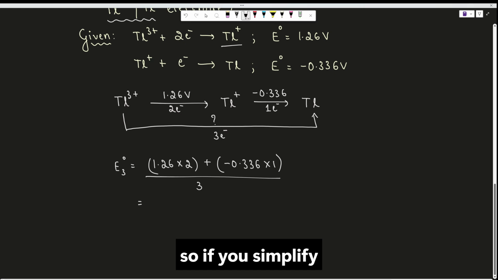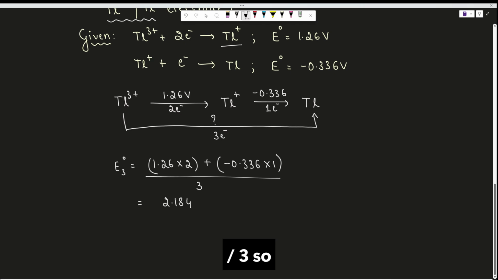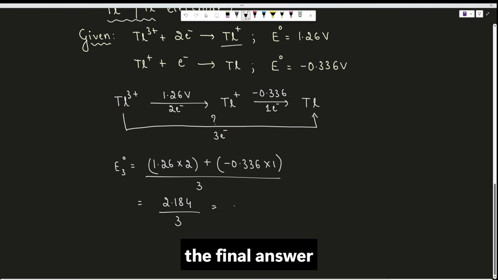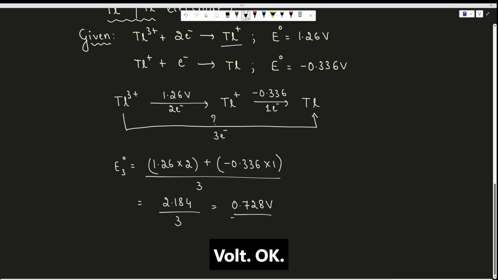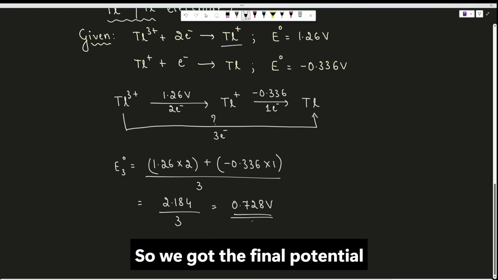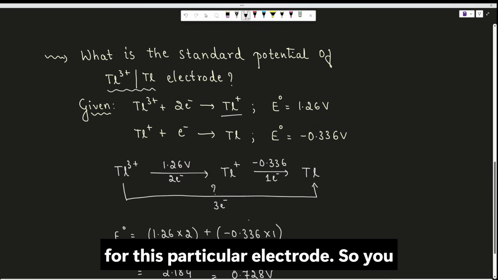If you simplify this, you will get 2.184 divided by 3. So the final answer will be 0.728 volt. We got the final potential for this particular electrode.